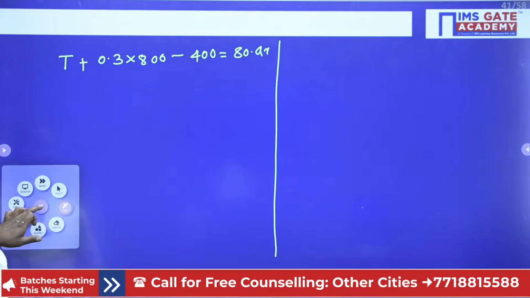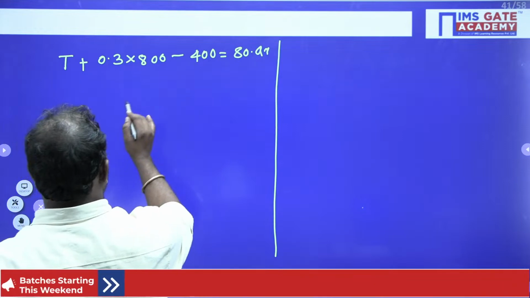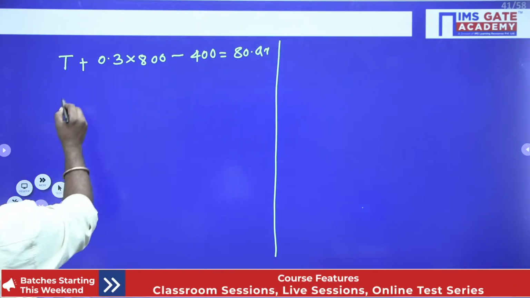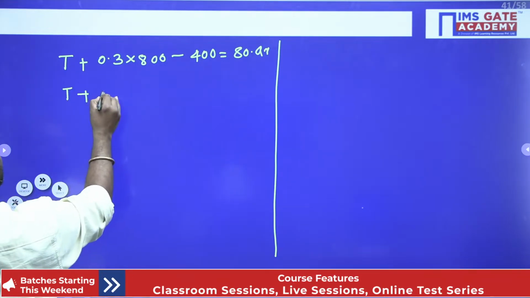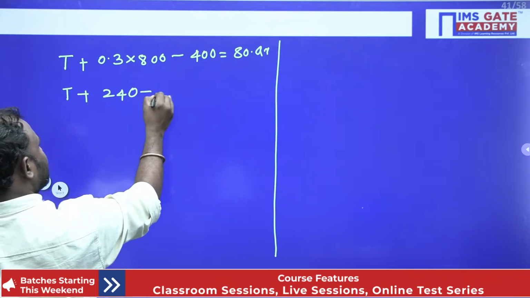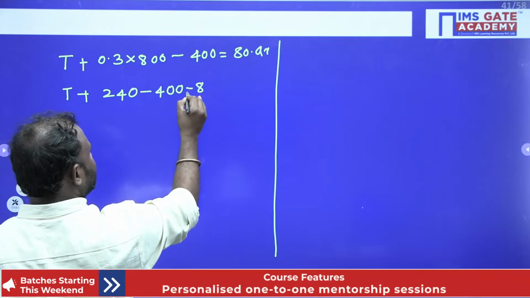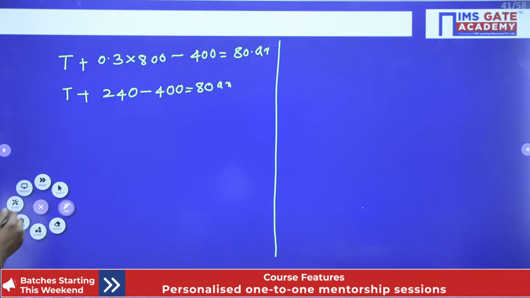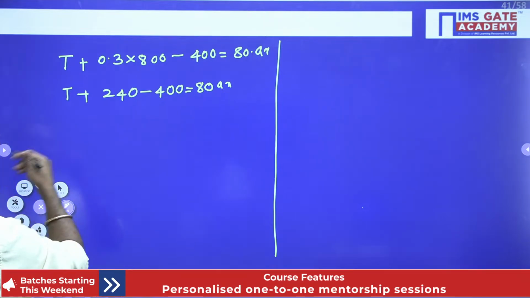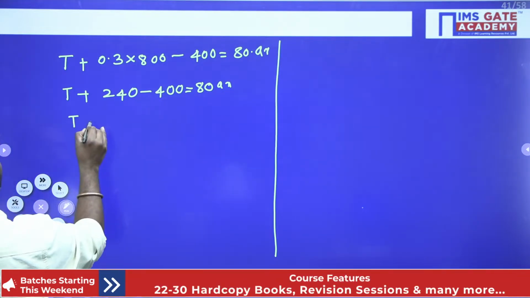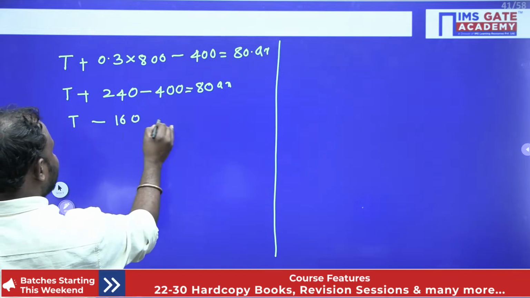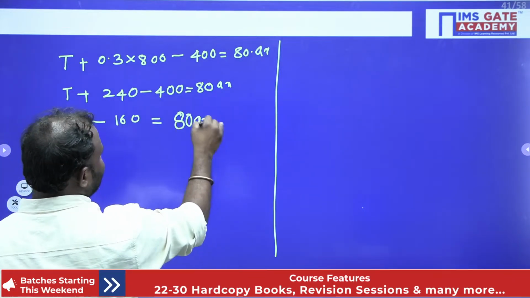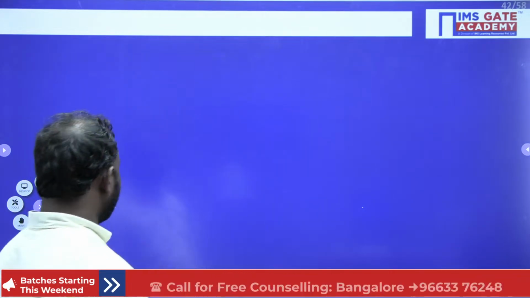Now if you solve this, say it is equation number 1, 0.3 into 800 is 240, t plus 240 minus 400 is equal to 80 into ax, such that I am going to get 160. So t minus 160 is equal to 80 ax.